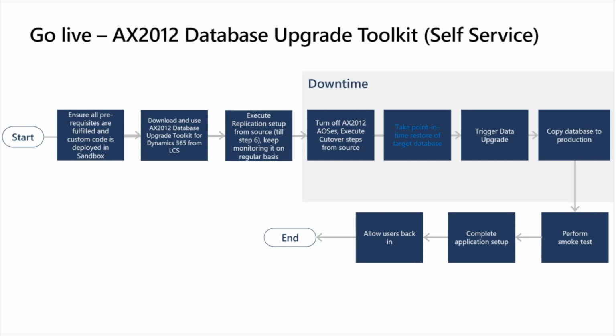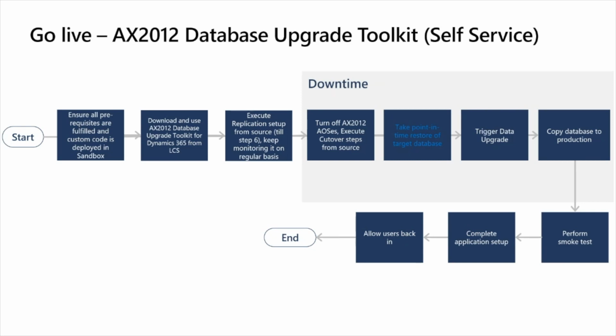Then you set up the application, basically complete till step number 6 as we saw in the demo, and then you keep monitoring the application on a regular basis, right? That makes sure, once the application is set up, your transactions keep moving from AX2012 to D365 sandbox database.